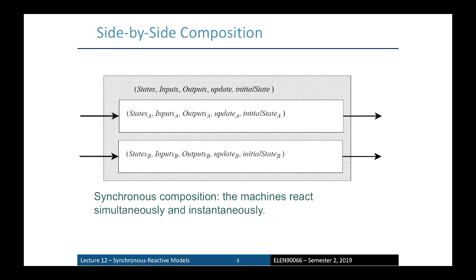For synchronous composition, it's much simpler because we have a deterministic composition: on some event of the system or environment, like a tick of a clock, both machines react in lockstep. They transition to different states, evaluate the guards, and react together at the same time. You can think of it as a common clock signal going to these machines to tell them when to react.